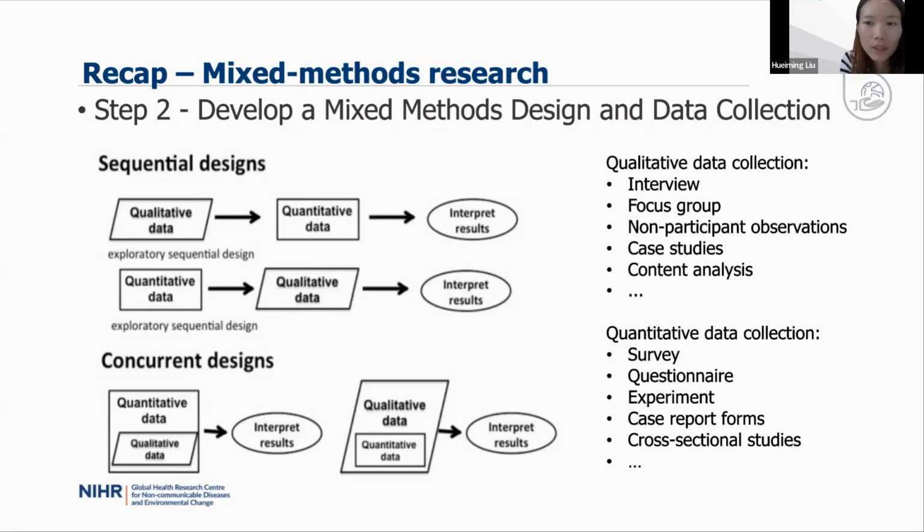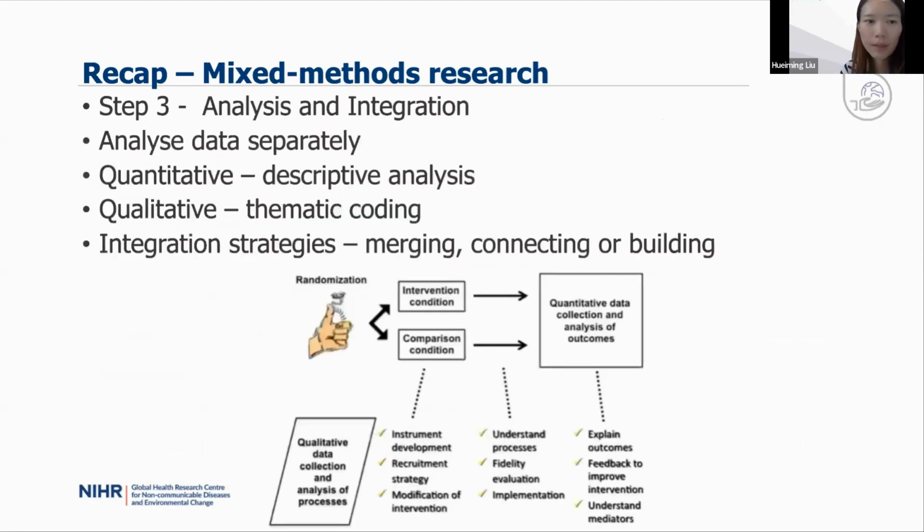And for the data collection, qualitative can be anything like interviews, focus group discussions, or observations. For the quantitative data, it can be a questionnaire, survey, or other data you collected through your main study or main trial. And the next step is to analyze your data.